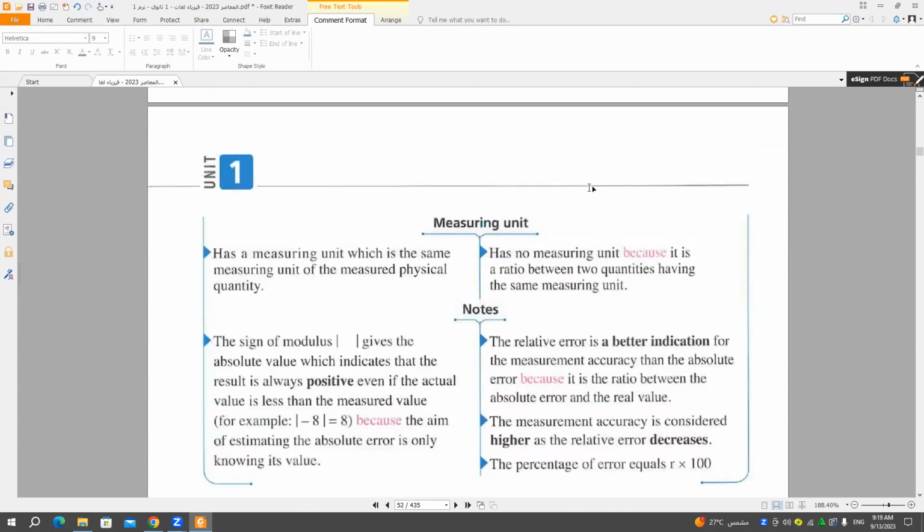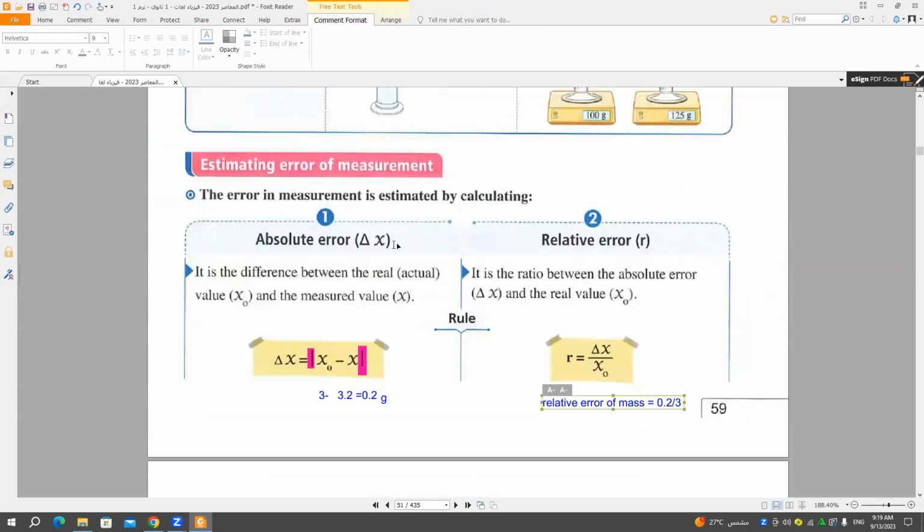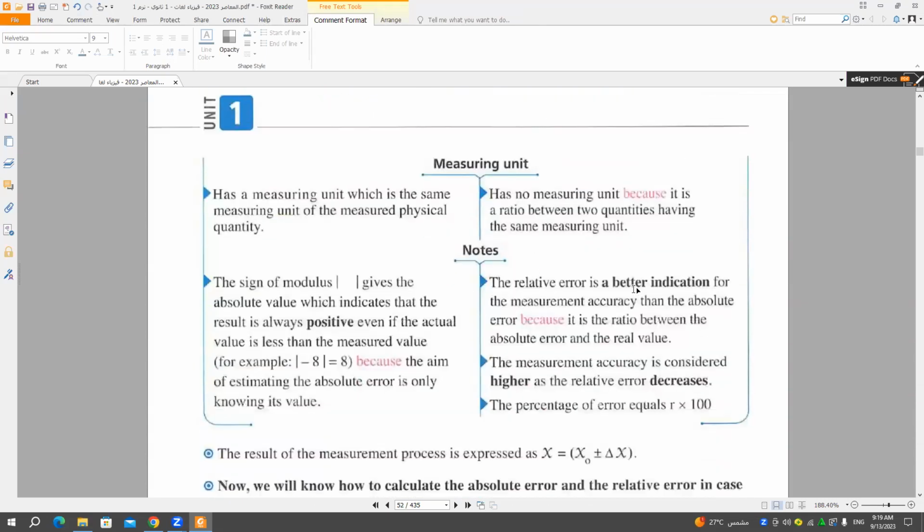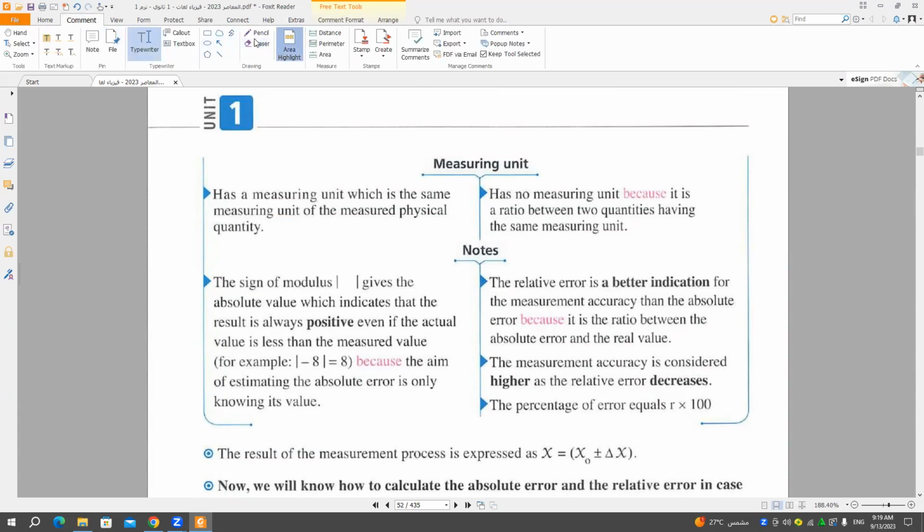Which one is more accurate, or more preferable, the absolute error or the relative error? The relative error is the best indication of higher accuracy. To get high accuracy of your measurement, you need the relative error.